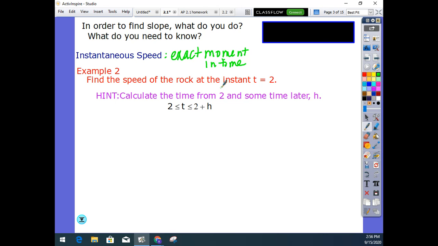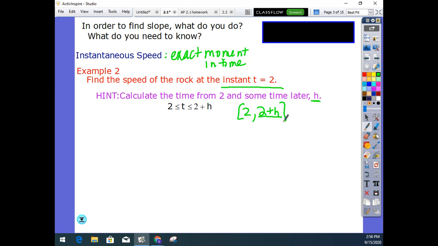So say that I want to figure out the instant speed at exactly 2 seconds. How fast are we traveling at exactly 2 seconds? The way we do that is we calculate the time from 2 to some time later, say h seconds past 2.